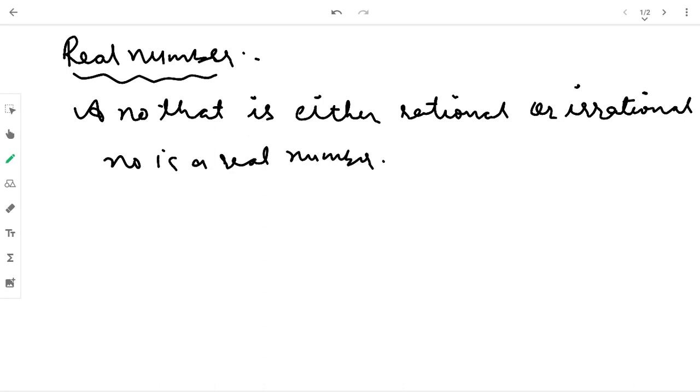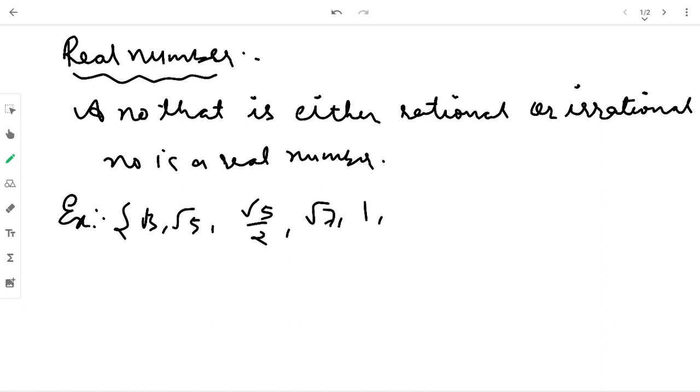So this is the definition of real number. Examples of real numbers are all rational or irrational numbers, like root 3, root 5, root 5 by 2, root 7, 1, 3, 5.